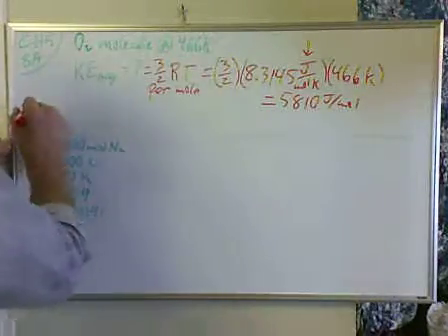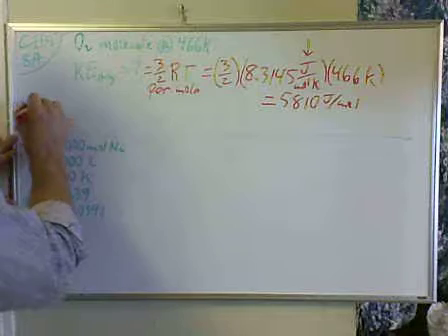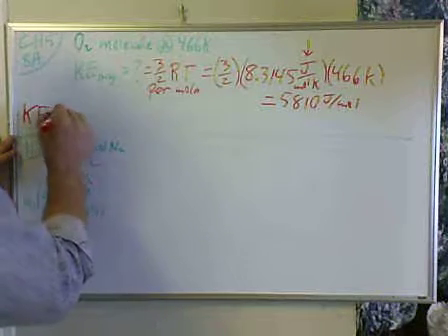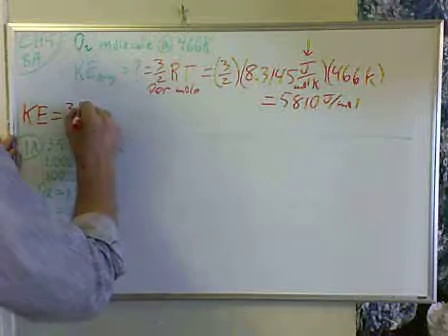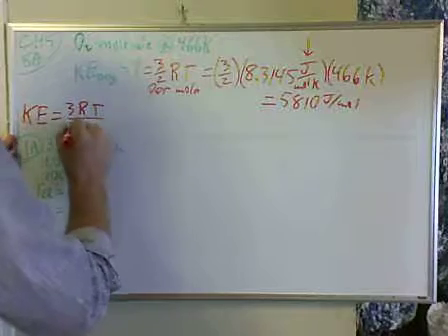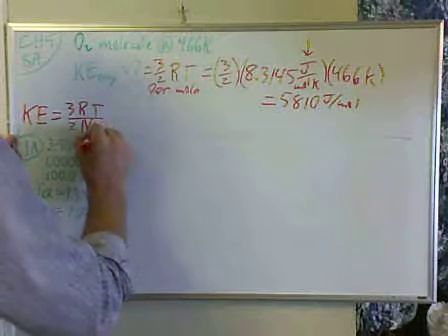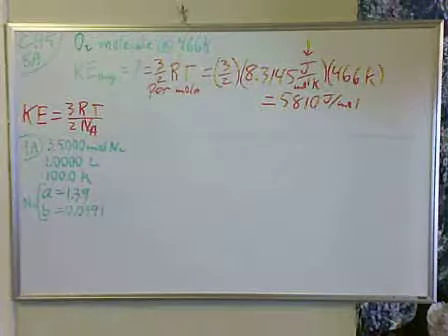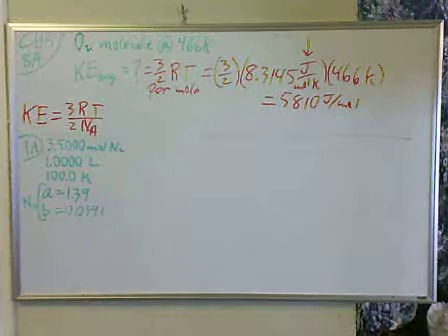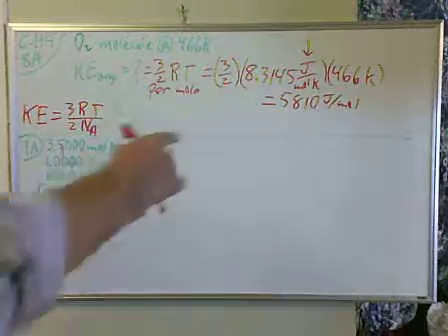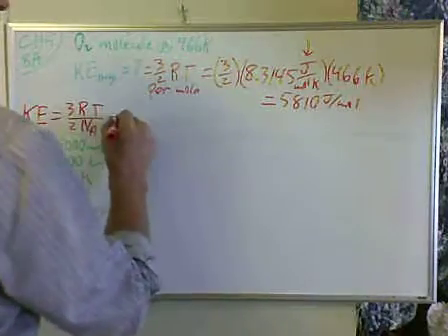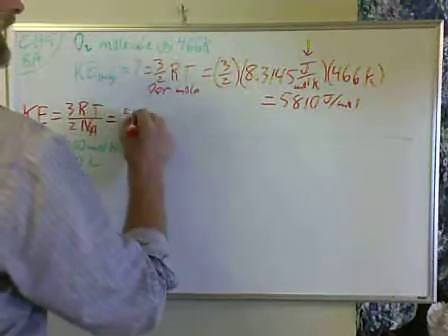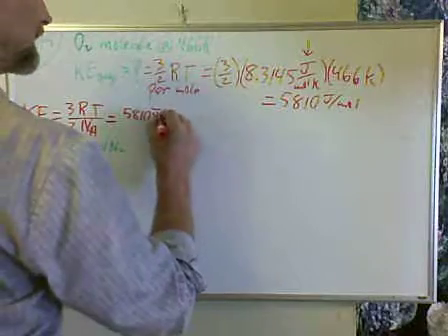To get this on a per molecule basis, we're using the same formula, but we're now dividing by Avogadro's number. This will just turn into a per molecule basis. So we have the first part, everything except for Avogadro's, so 5810 joules per mole.